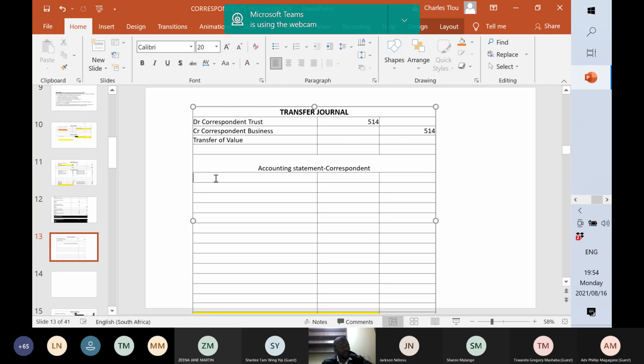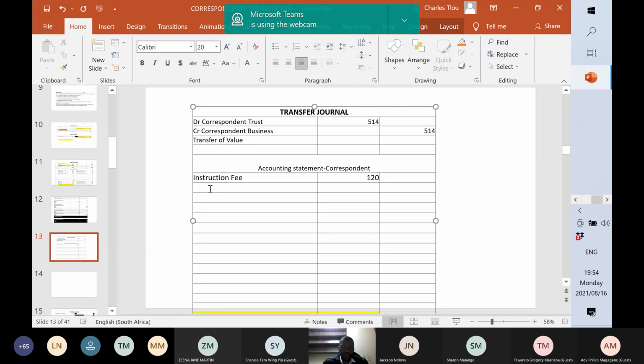Now, to record this accounting statement, we need to go back to the question as it is. As we read that statement, we record our accounting statement. It says number one, you charge an instruction fee of 120. Therefore, you write here instruction fee. Because the fee always goes to the debit side, 120.